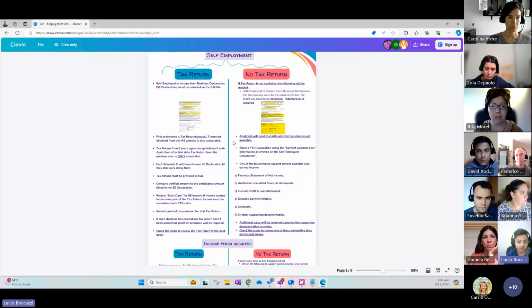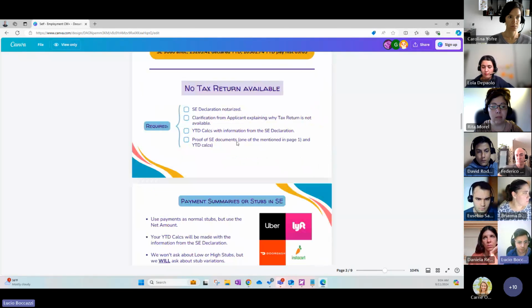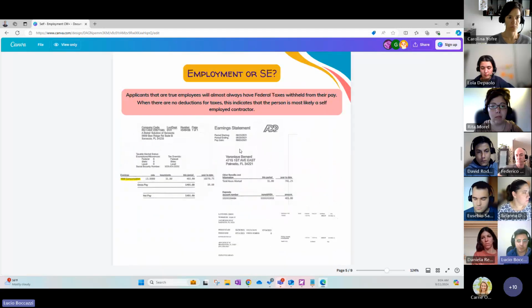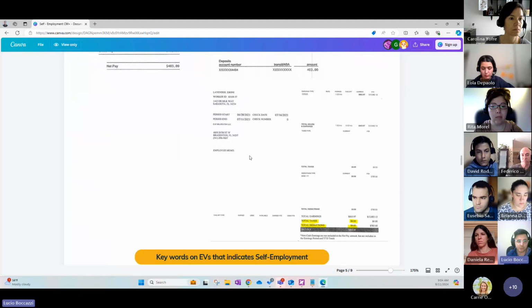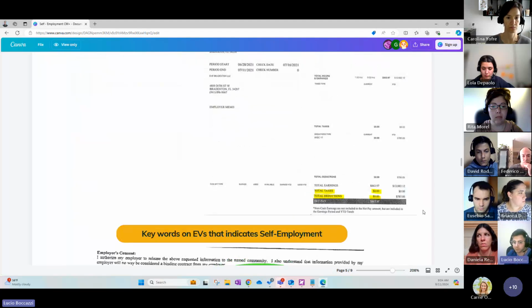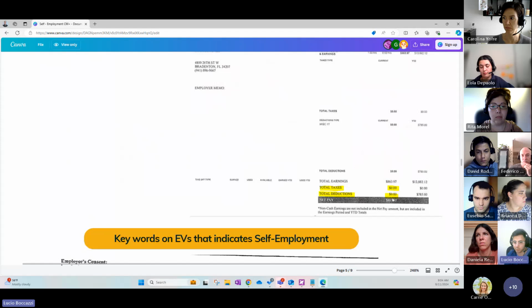So if we go to the cheat sheet, I think it's on page 5, we have some examples that when it comes to self-employment, you'll see that there are no deductions nor taxes deducted from their pay. So usually their gross and also the net amounts will match, will be the same ones.